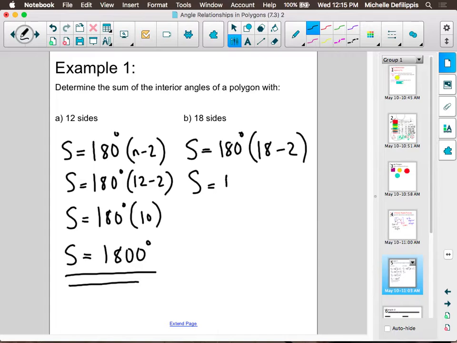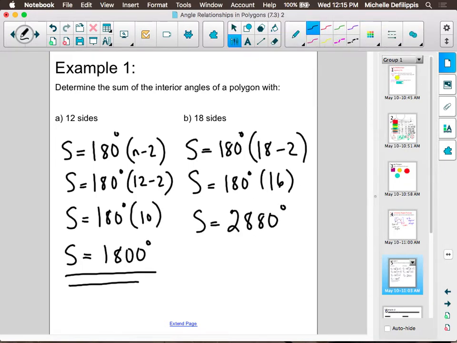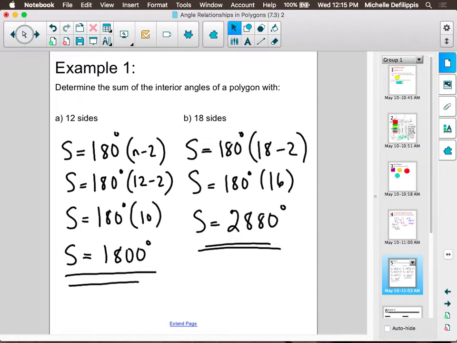So the sum is equal to 180 degrees times 16. Therefore, 2,880 degrees. So the sum of all the interior angles in an 18-sided polygon should be 2,880.